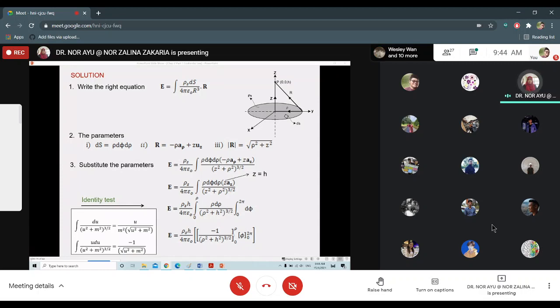Okay, so this here, dia jadi supposed to be 1/2 ya. So kamu tulis 1/2 is not 3/2. Alright, so -1 over rho squared plus H squared to the power of 1/2. And then the limit is 0 until rho. And then we have this d phi. When you integrate d phi, you will get phi. Okay, and then the limit will be from 0 until 2 pi.